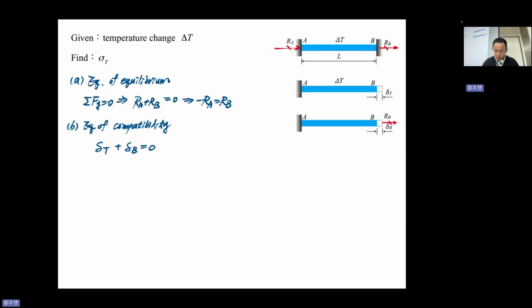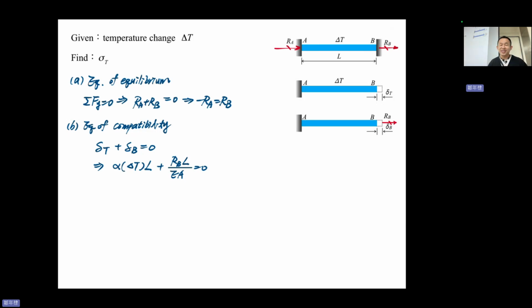Okay, so what is delta T? Alpha delta T L, no problem. Delta B is RBL divided by EA. Sorry, I didn't write down the constitutive law equation.